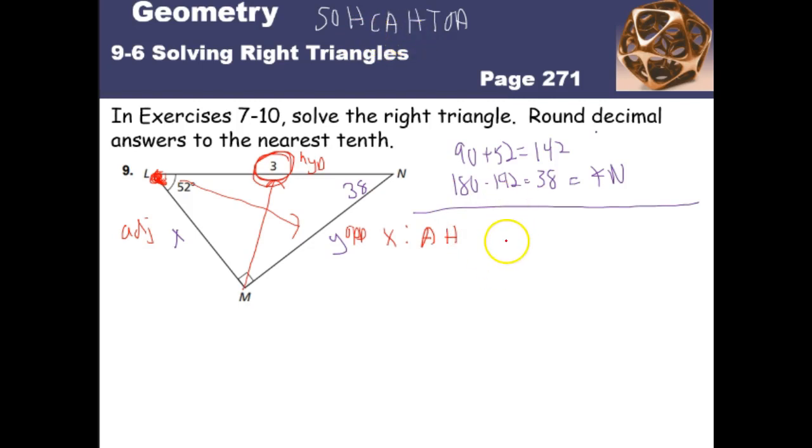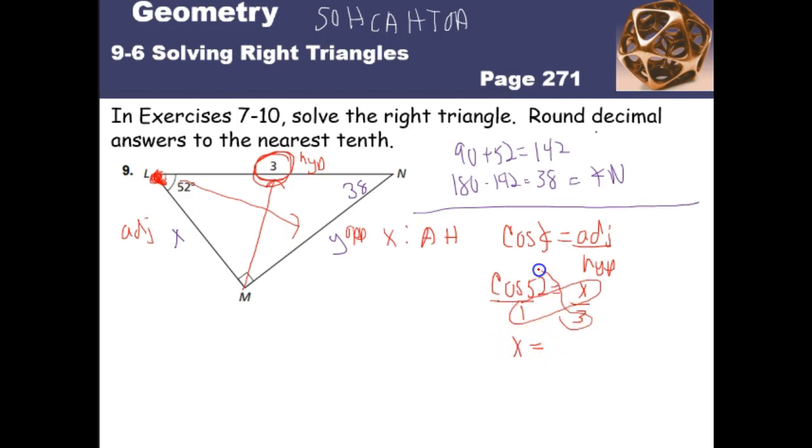Now this time I'm finding a side, not an angle, so I'm using the first side of the paper, and I say this: the cosine of the angle equals the adjacent over the hypotenuse. So my angle is 52, so I'm going to plug that in. The cosine of 52 equals the adjacent, which is x, over the hypotenuse, which is 3. I'm going to put this over 1 and cross multiply. So 1 times x gives me x, and then here I do 3 times cosine 52.